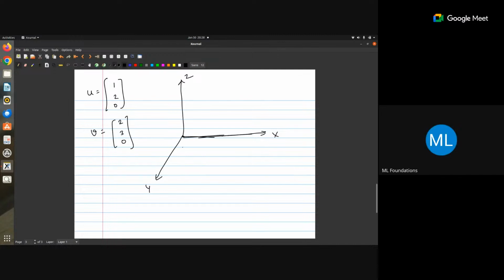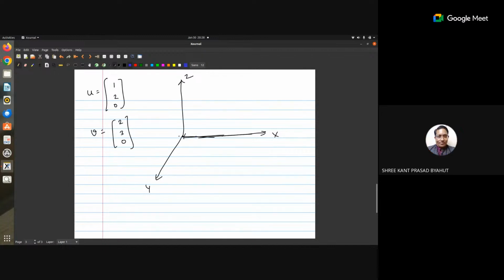Now, can you tell me where this vector u will lie in this space? You have this side also, and the negative sides. The u vector will lie in the xy plane. The dotted things are extensions of those axes.